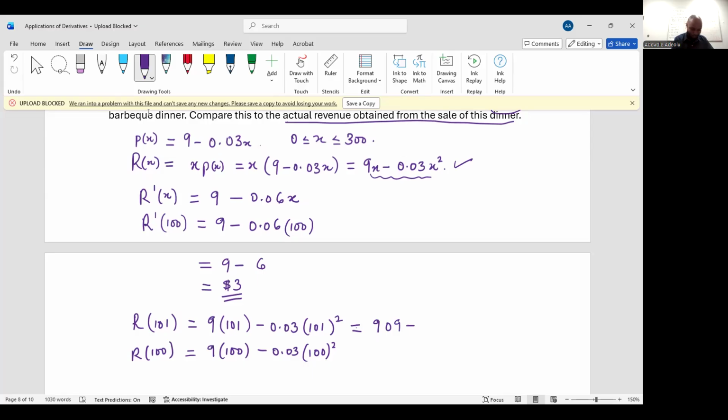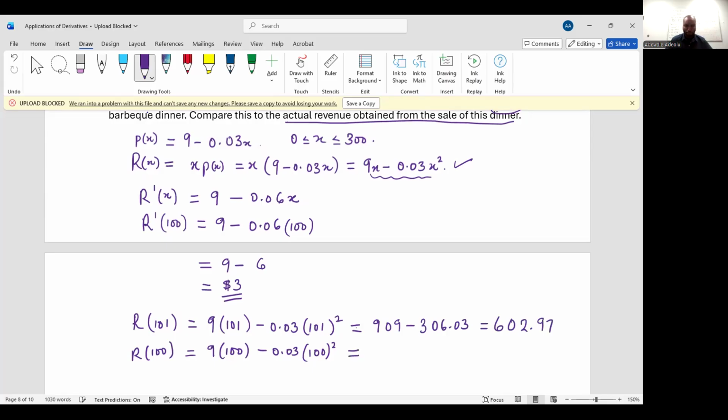Just permit me to use my calculator to do that. So that is 306.03, which is 602.97.